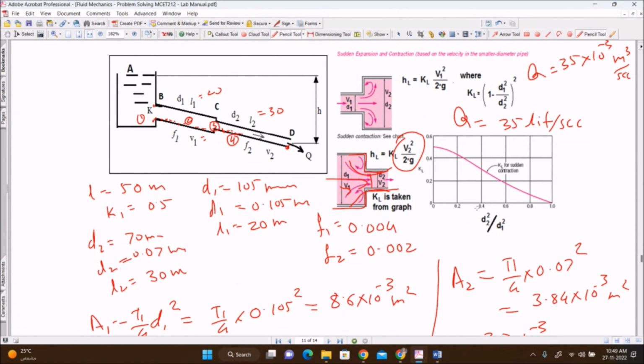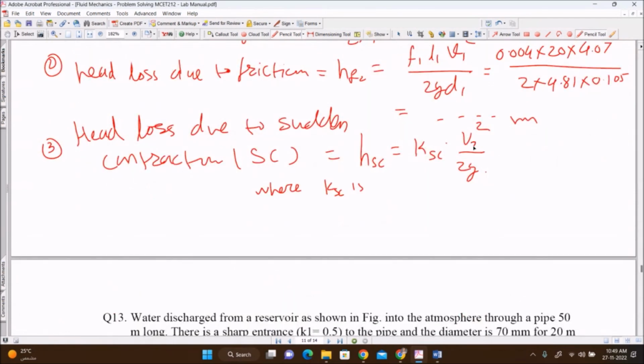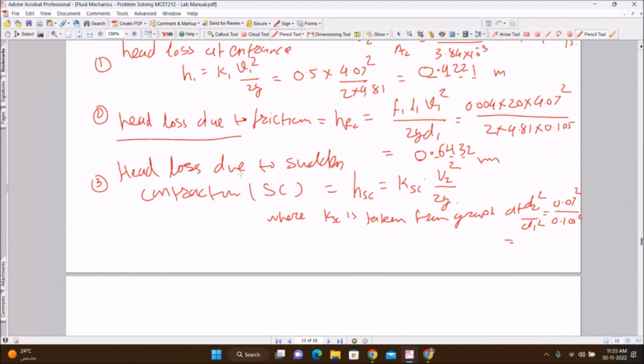So this K is taken from the graph, against D2 square by D1 square. So I need to find D2 square by D1 square. Here it is V2 square, outlet velocity square, where KC is taken from the graph at D2 square by D1 square. So we will get D2 square by D1 square is equal to 0.444.